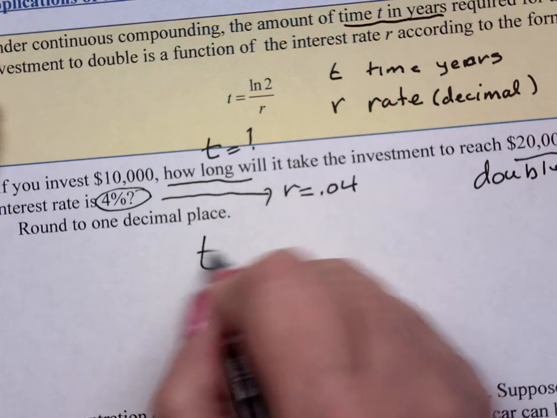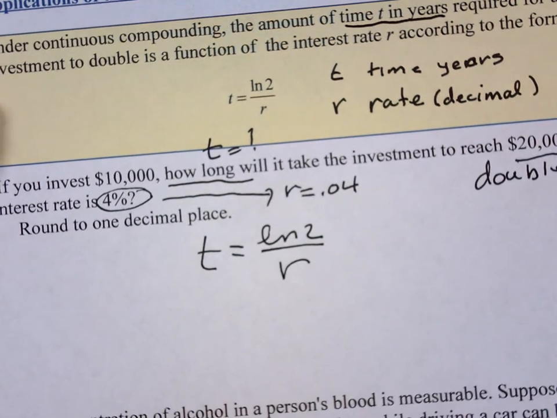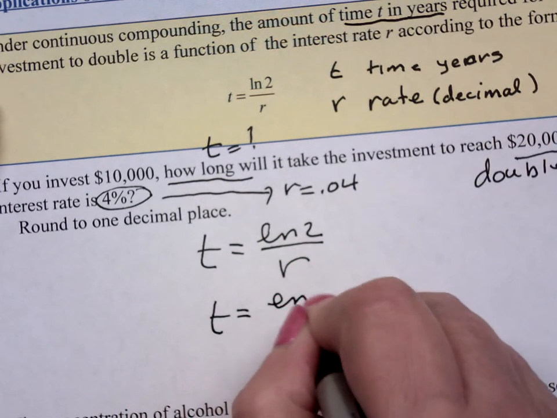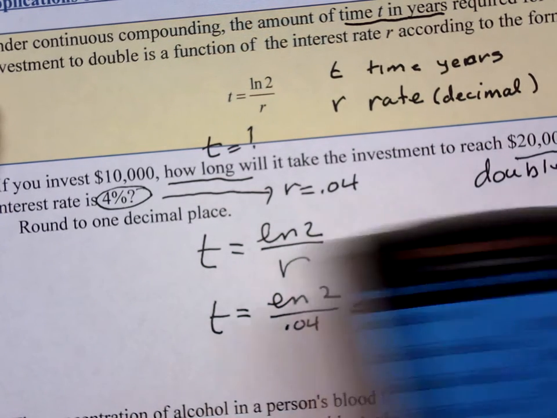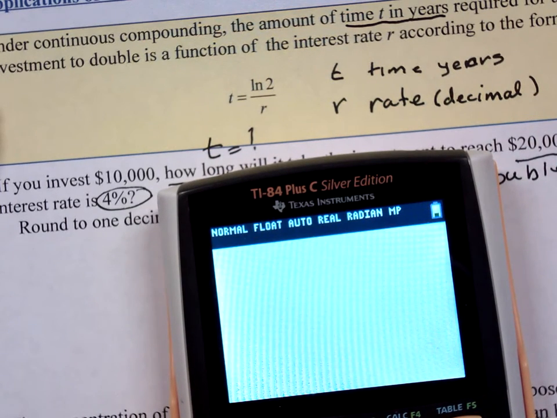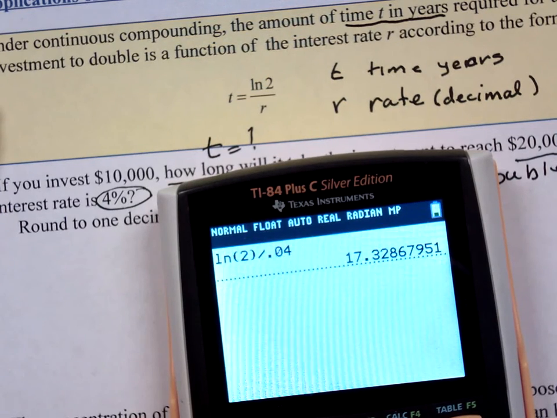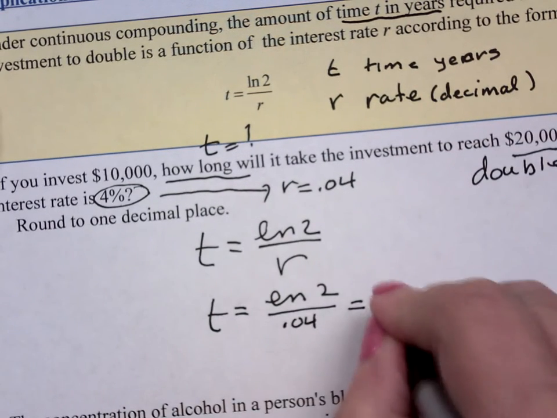So I'm using T is the natural log of 2 over R. So natural log of 2, I need to close parentheses, divided by R, 0.04, is going to be 17 point, and it says 1 decimal place, 17.3, what?